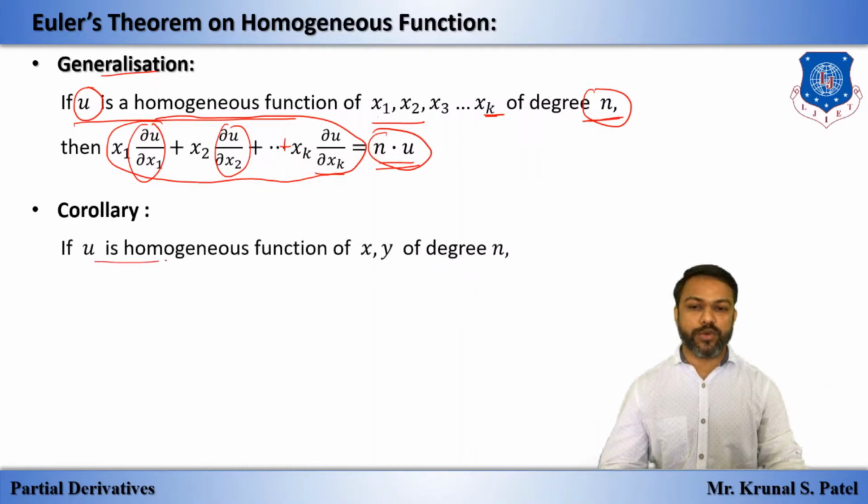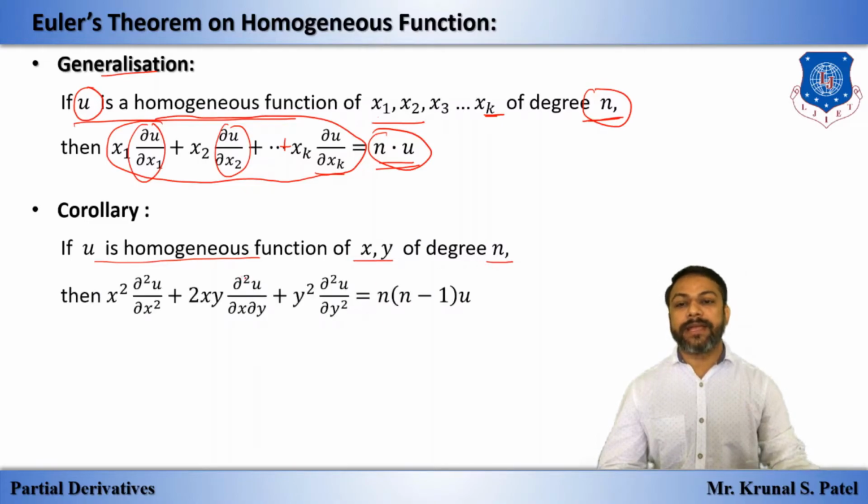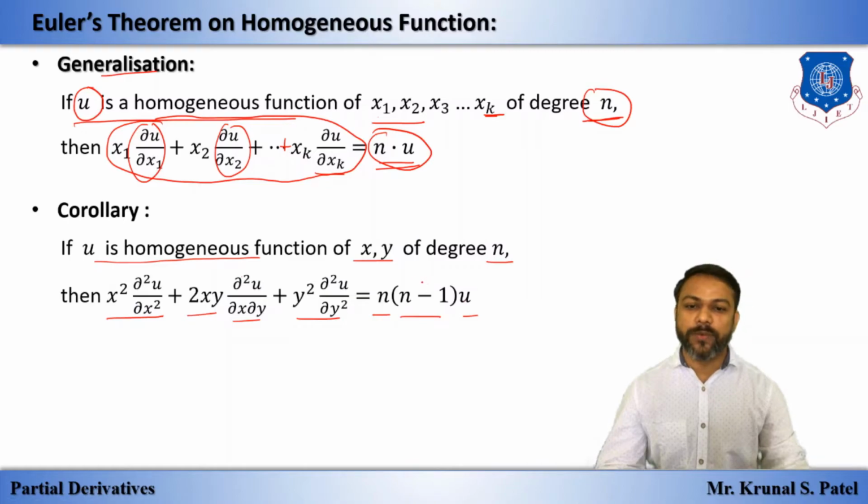So if u is a homogeneous function of x and y of degree n, then x square del square u by del x square plus 2xy del square u by del x del y plus y square del square u by del y square is equal to n into n minus 1 into u.